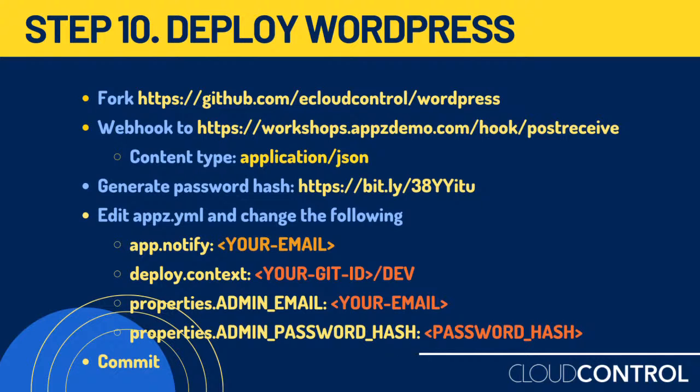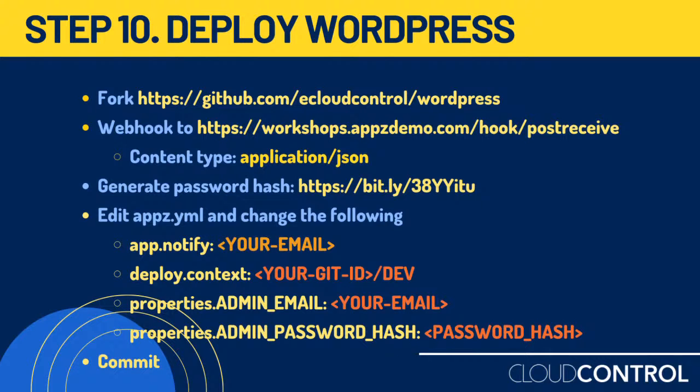So if you look at the repo, we have an admin user named WP admin. You can change that username. You can set up something else also. But at the same time, we require a password to be created here. Now, although we have the auto password generation mechanism, in that case you will not know what the password is. So we are giving you a simple mechanism, which is supported by WordPress, to generate a password hash.